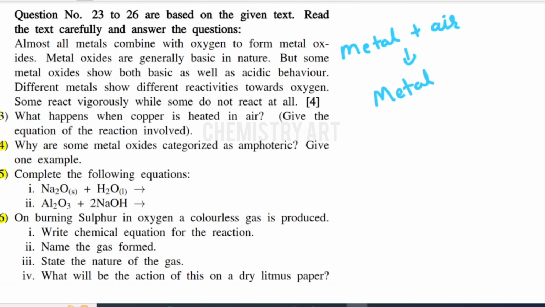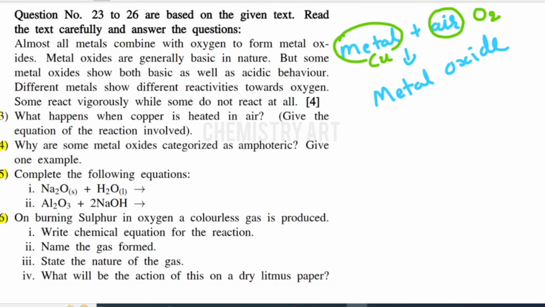So for the answer, what happens when copper is heated in air: the metal we are taking here is copper, Cu. And air means we will show the reaction of copper with oxygen, because nitrogen is not that reactive.